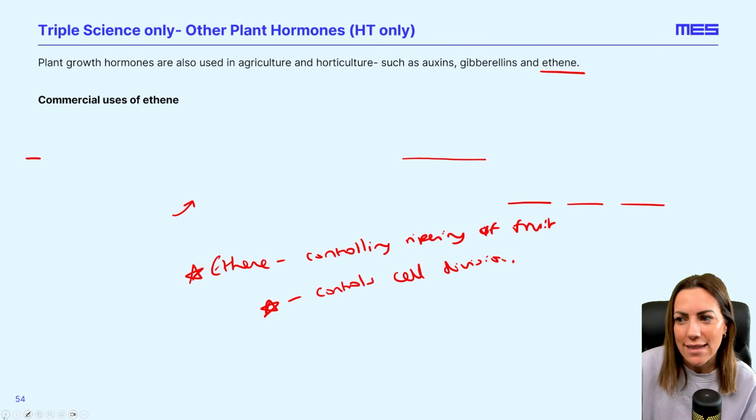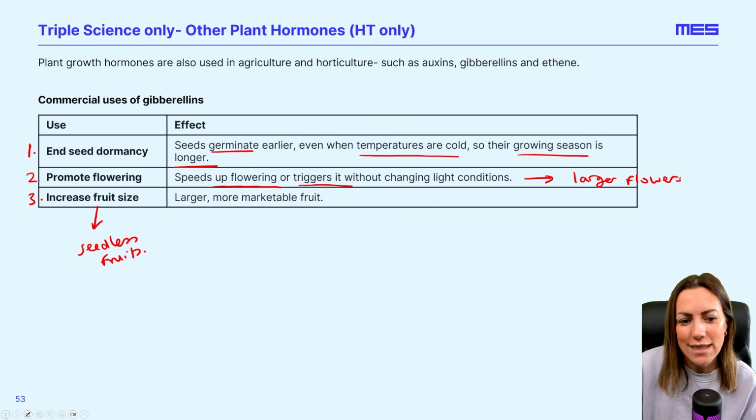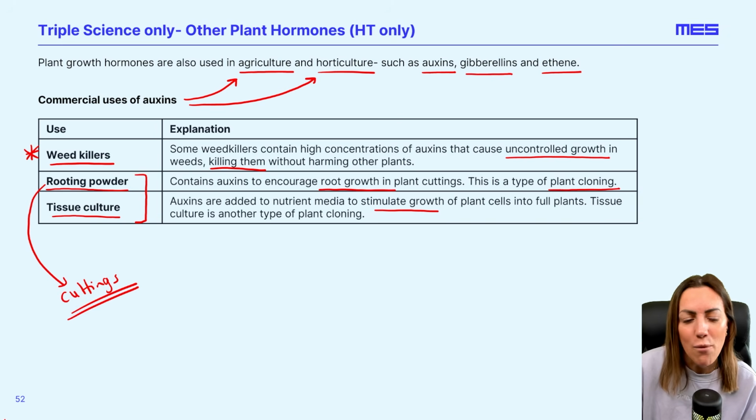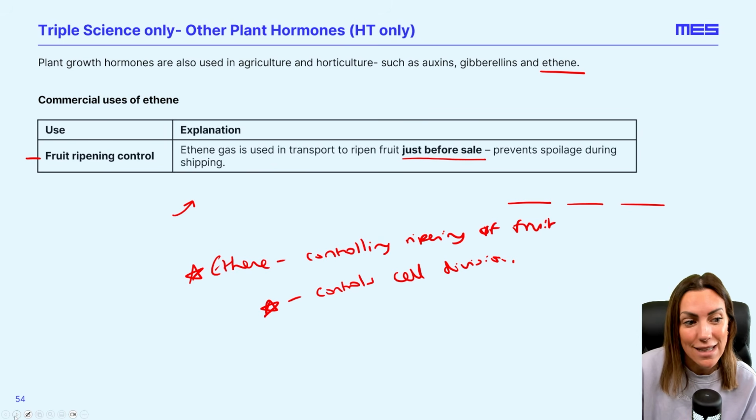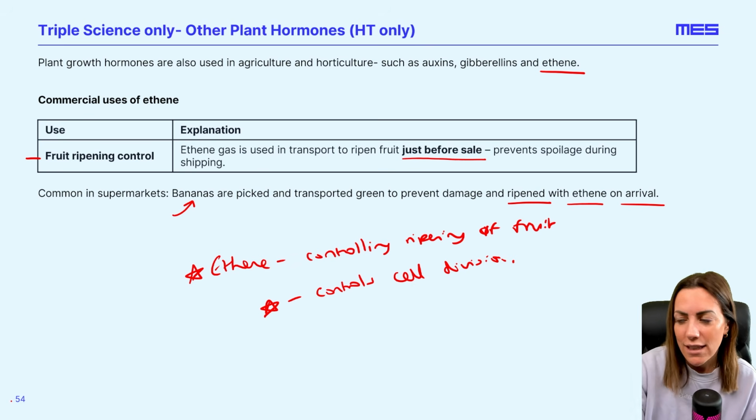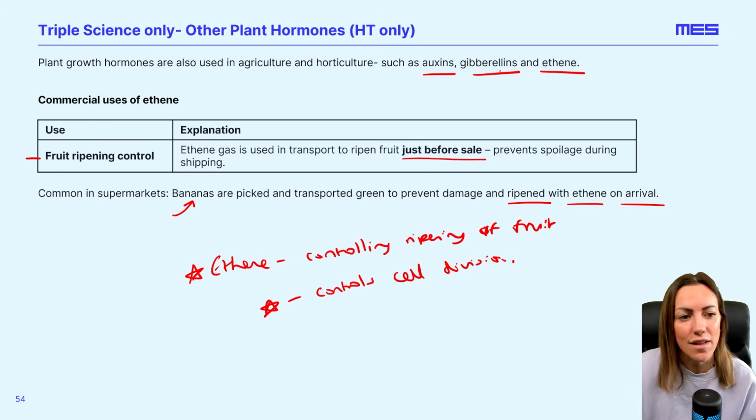And then we had ending seed dormancy, promoting flowering or getting larger flowers for gibberellins, larger fruit for gibberellins. And then we had weed killers, rooting powder, and used in tissue culture for auxins. So make sure you basically know, if you're triple science and higher tier, you know the names of these three hormones and you can give these commercial uses of the hormones.